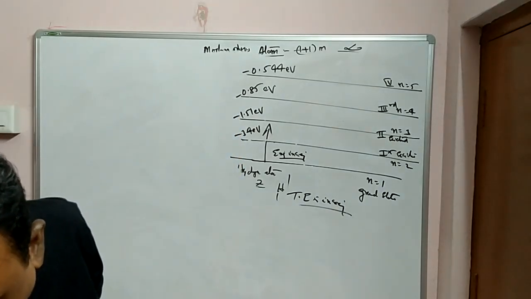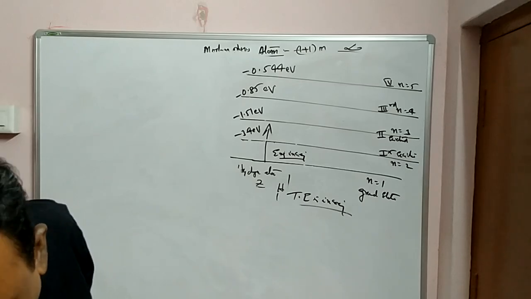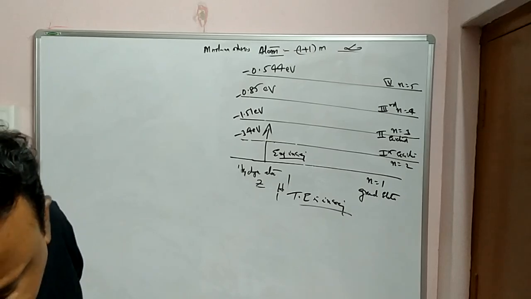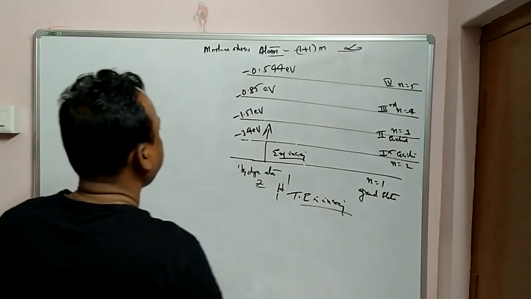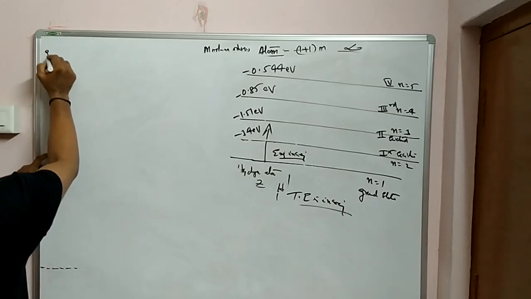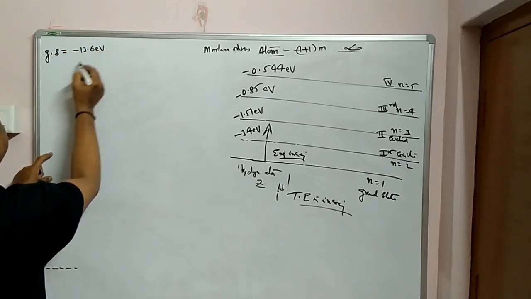Okay. Now we are coming to the next point, that is Rydberg constant and excitation energy. I will write it here so that you will remember. Ground state value is minus 13.6 eV.